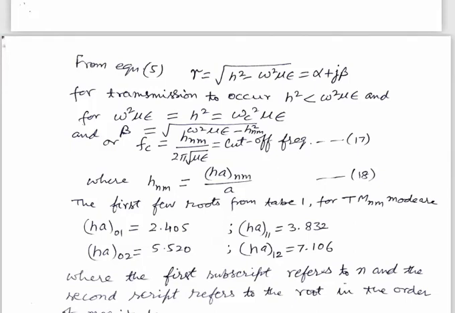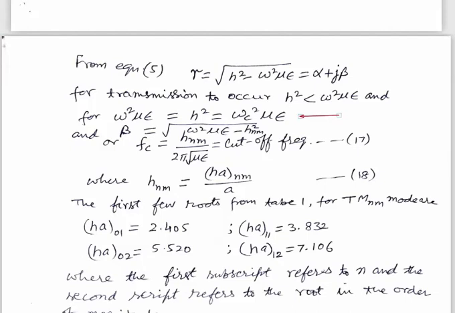So the cutoff frequency in hertz is given by h_n_m upon 2 pi under root mu epsilon. So this can be obtained by first solving for omega c. In this equation, omega c square is given by h square upon mu epsilon, and omega c equal to 2 pi fc.